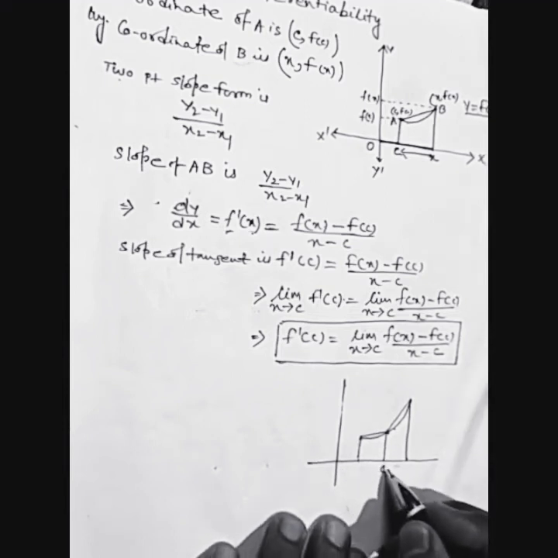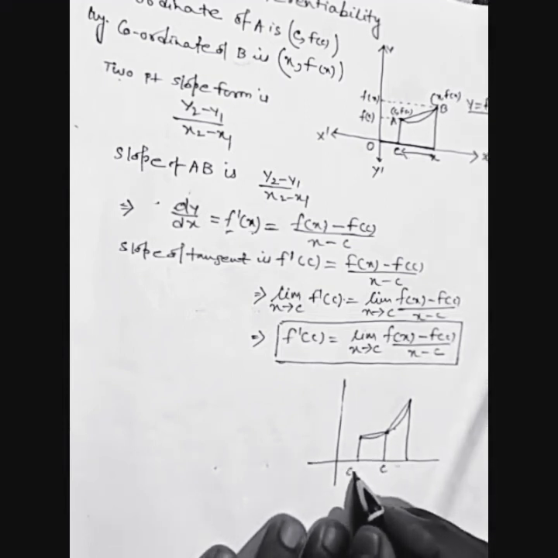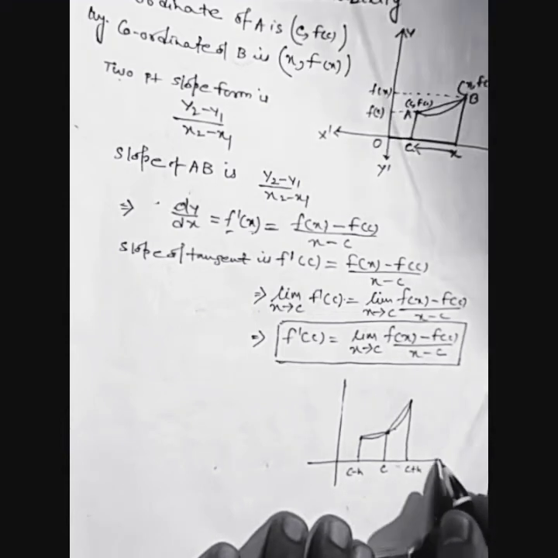Suppose I am taking this point as C. To the left hand side of the point C, we will get C minus h, and to the right hand side, we will get C plus h.